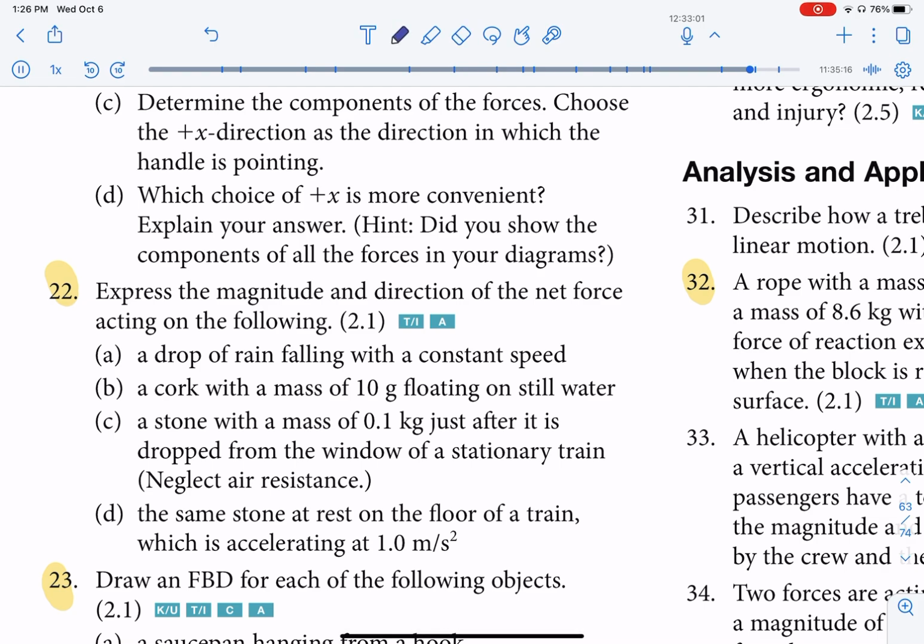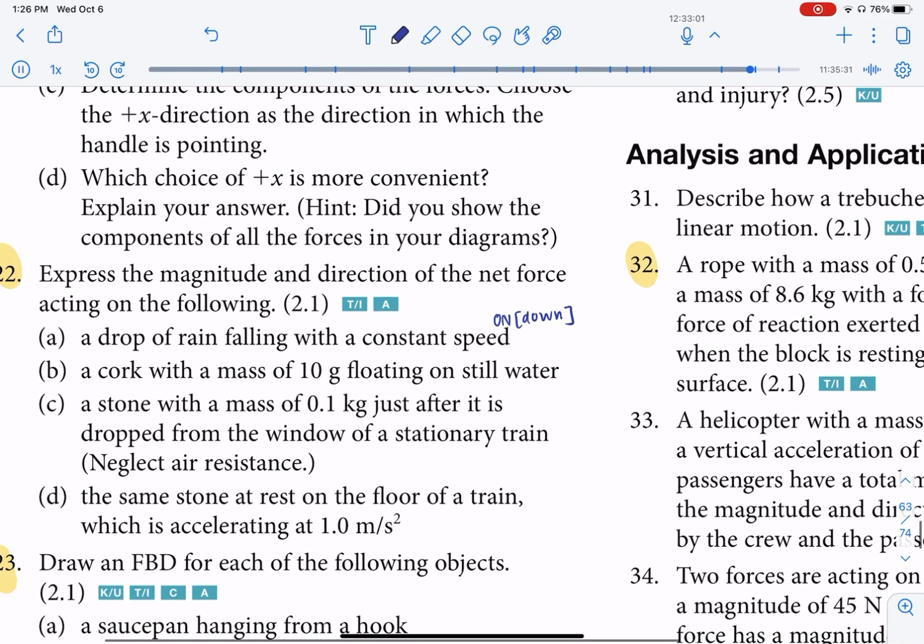The wind is going to the right in my question at a constant velocity, and it's stationary as far as I know, so my velocity is 0. So I'm still going to make up and down, positive directions, traditional right and up.